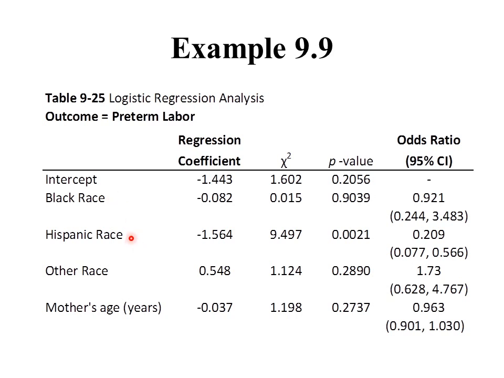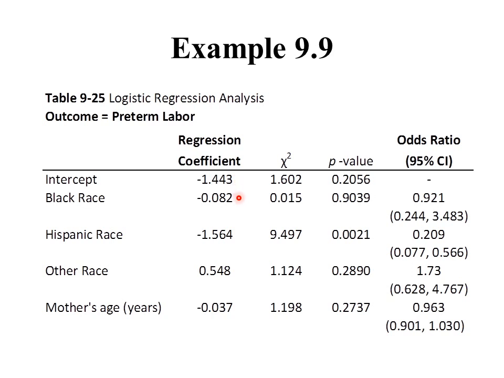Hispanic race, that variable would equal 1 if the mother is Hispanic, and 0 otherwise. And then other race, again that's an indicator variable, and then the mother's age in years. And then we also have an intercept in our model. And so here are the values of the regression coefficients. Our intercept is negative 1.433.